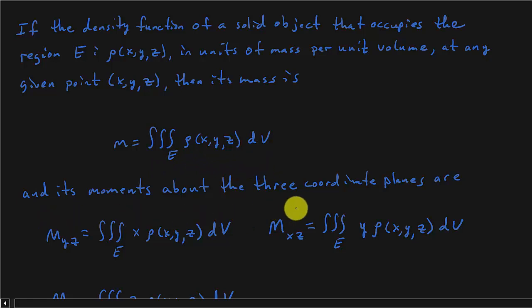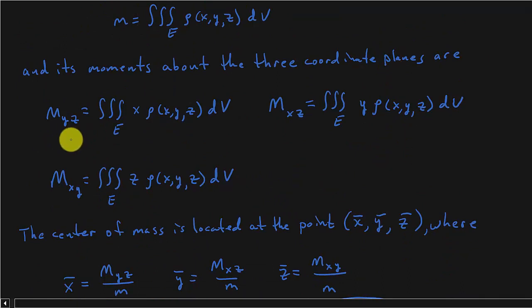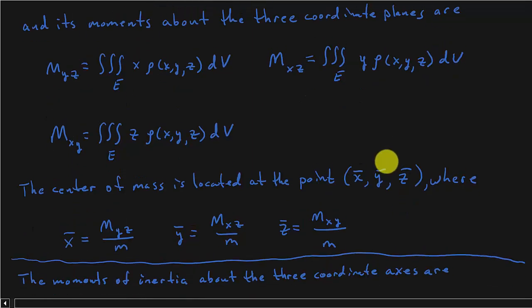And its moments about the three coordinate planes are M sub yz, which is x times that, it's the same as this, we just got x times. That's M of yz. M of xz is y times that. And M of xy is z times that.